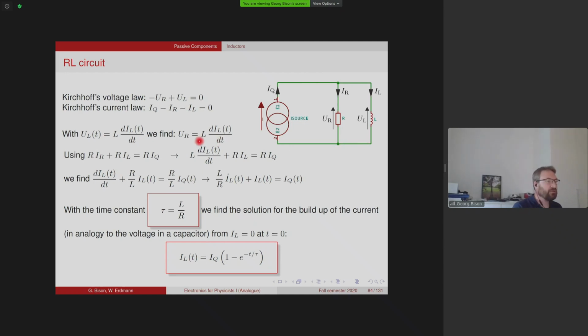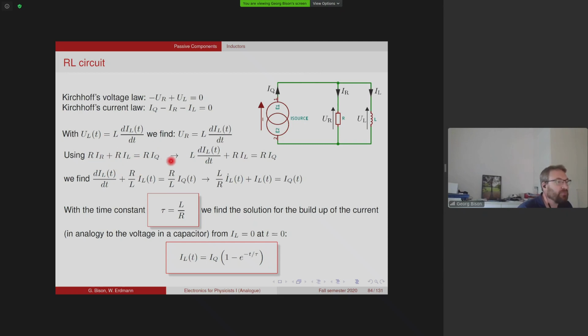Okay, then we can use the defining equation of the inductor to identify the voltage over the resistor with this term, and then replace all currents. This is simply this equation multiplied with resistance.